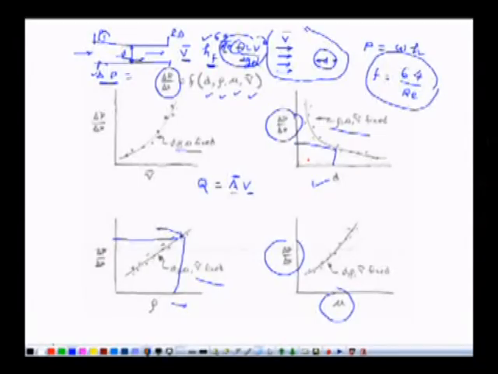If we want to answer the question of what is the pressure loss between 2 points in a pipe flow, and this phenomenon is a function of these variables, del P over del X, diameter, density, viscosity, and the velocity, then either we have to conduct these 4 sets of experiments to answer what is the del P over del X if a fluid of this density, this diameter, this viscosity is flowing through this pipe.